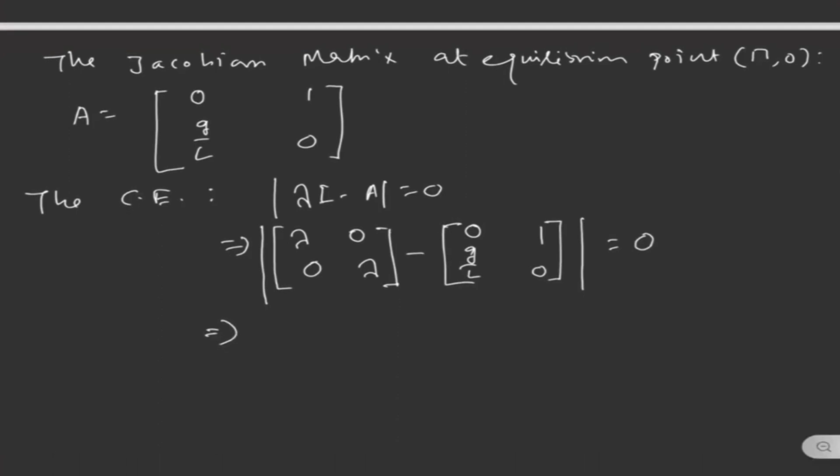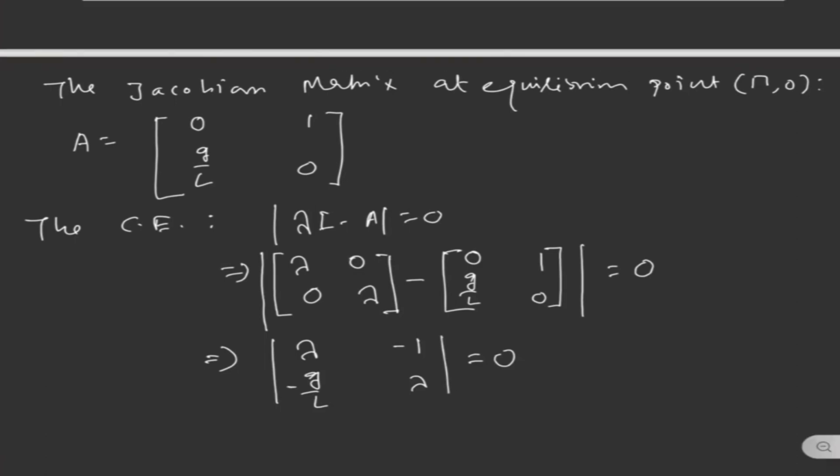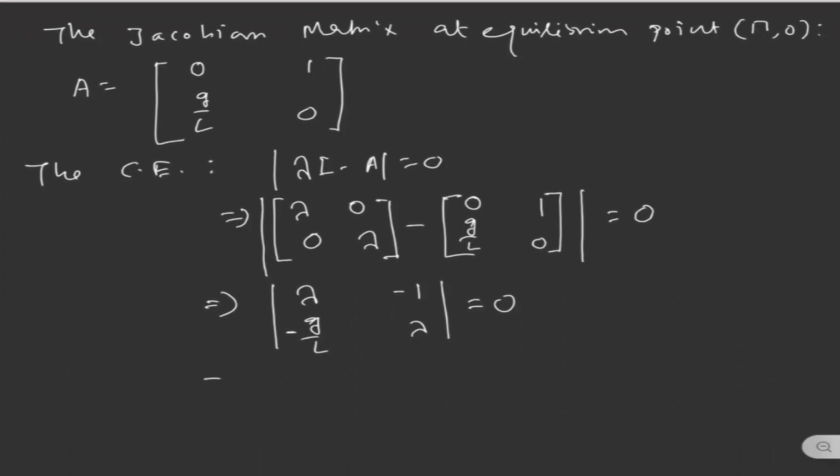And from this, we can write lambda, minus 1, minus g by L and lambda, equal to 0. There is also a minus sign here in this case. And the equation is obtained to be lambda square minus g by L equal to 0.